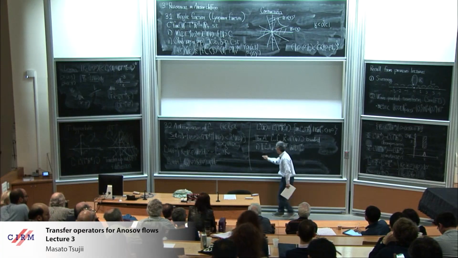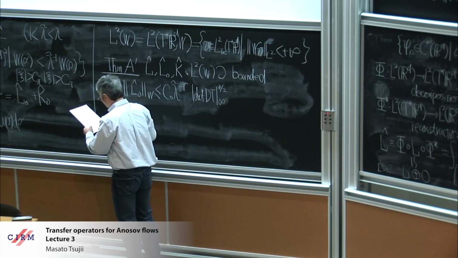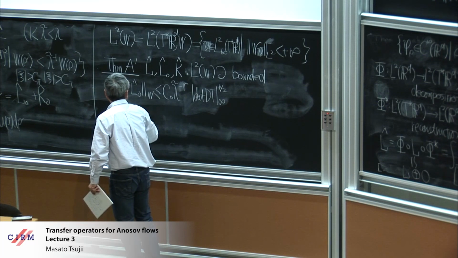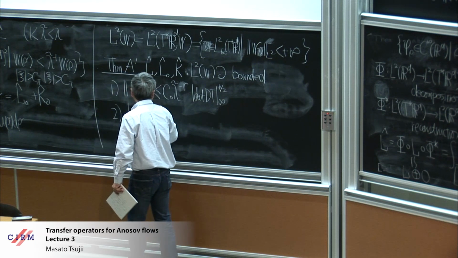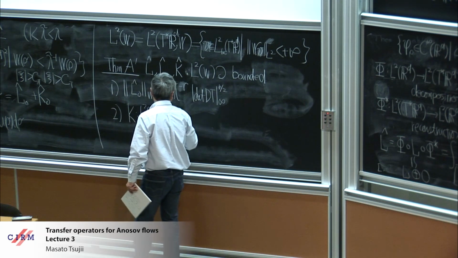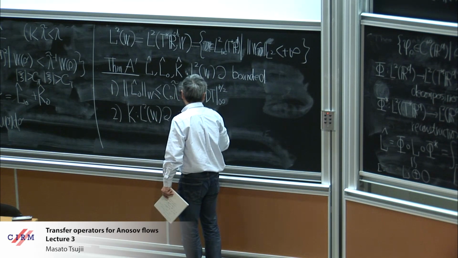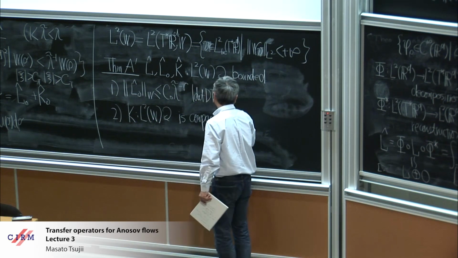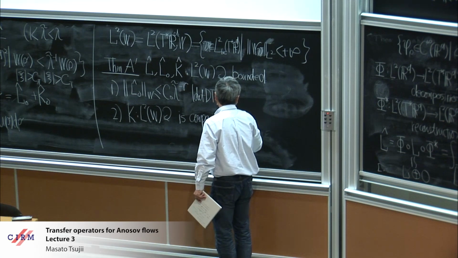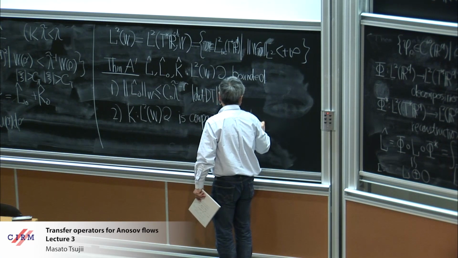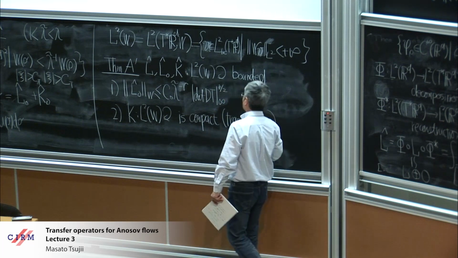And then second, K on L2 W is compact, or actually in trace class in a very strong sense.